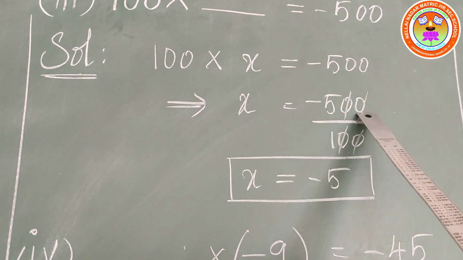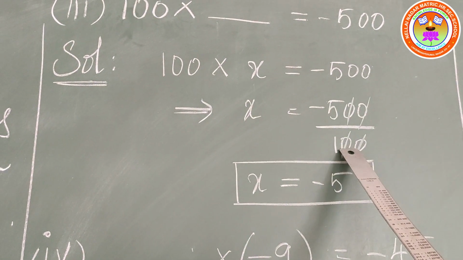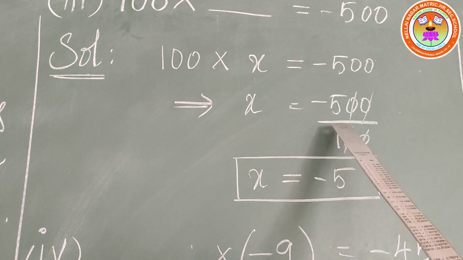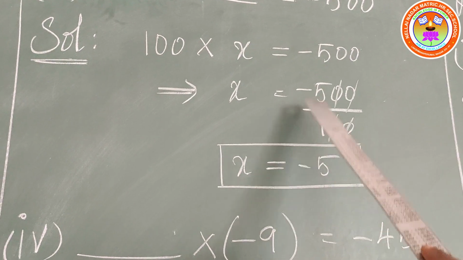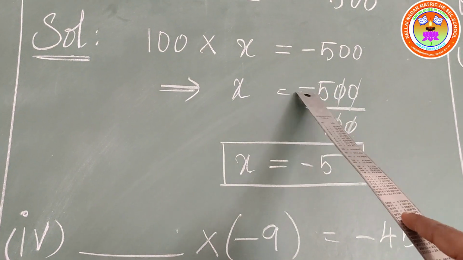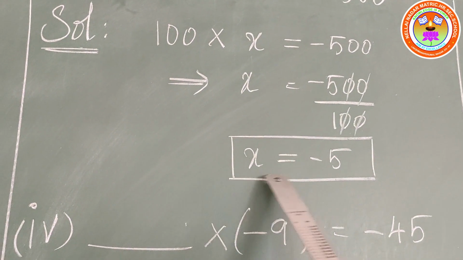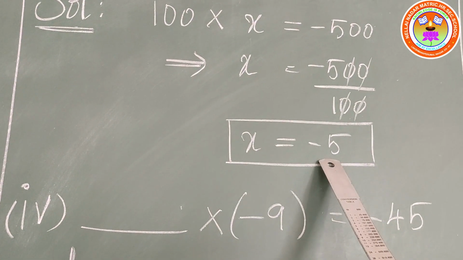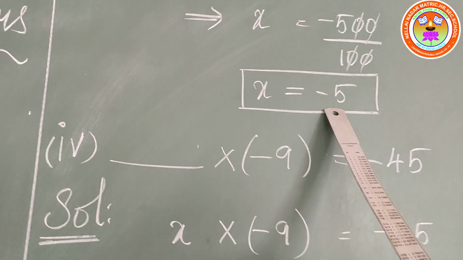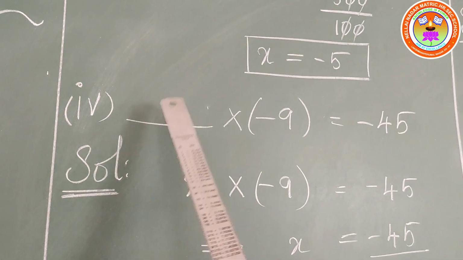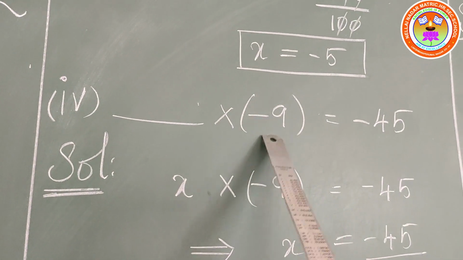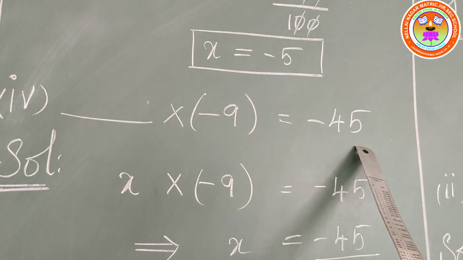So 0, 0, 0 and 0 get cancelled. Remaining we have 5 by 1, which is nothing but 5. And there is plus here and here it is minus. So that becomes minus. So therefore the value of x is what? Minus 5.